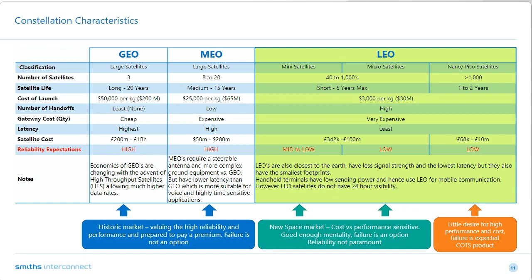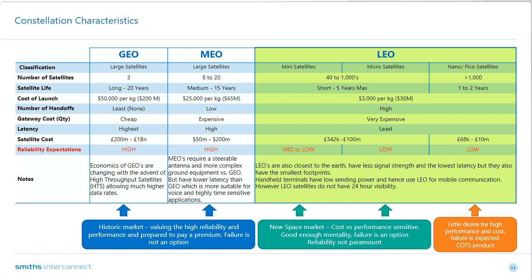The number of handoffs here remains low, and the gateway costs get more expensive in this category, tracking additional satellites from the ground. But the latency factor in this category is still high because of the distance of the signal travel.